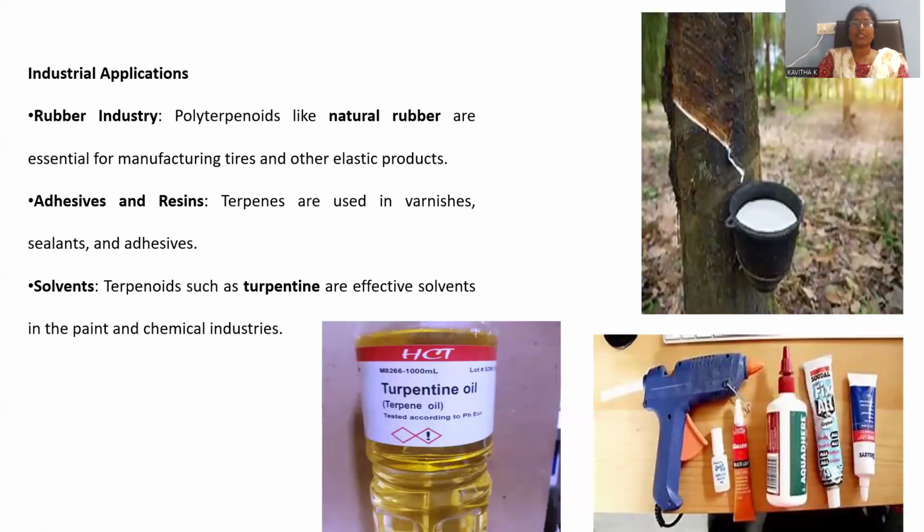Industrial applications. Rubber industry: polyterpenoids like natural rubber are essential for manufacturing tires and elastic products. Whatever elastic materials we use, tires for any automobile are very essential.